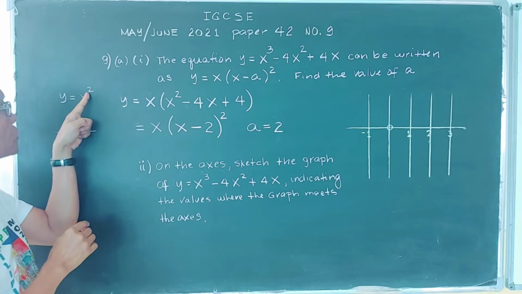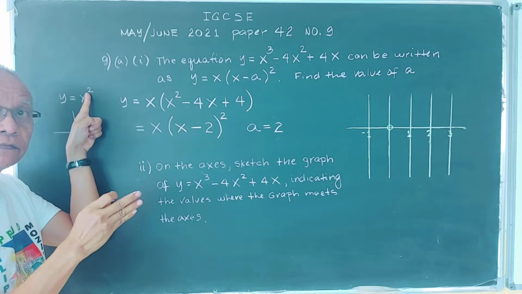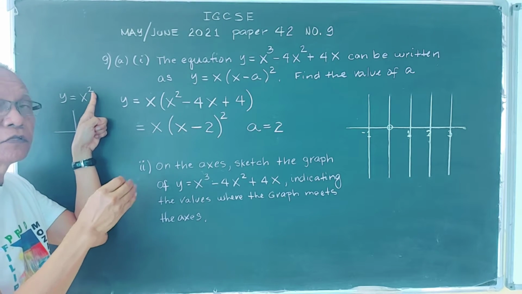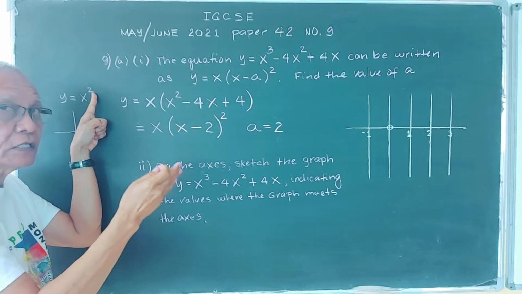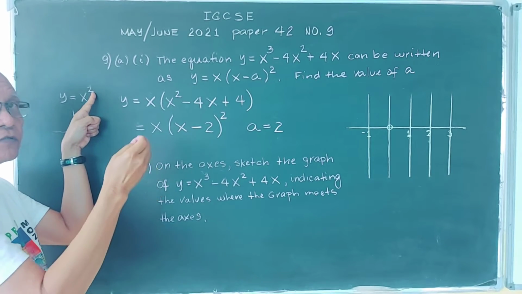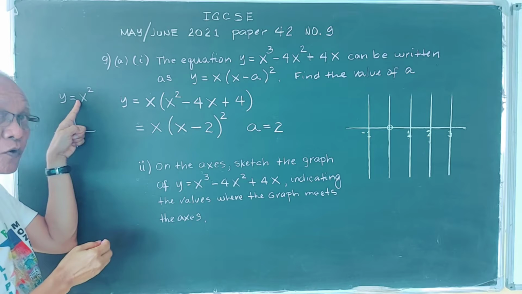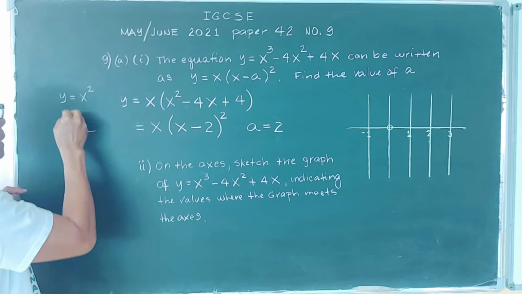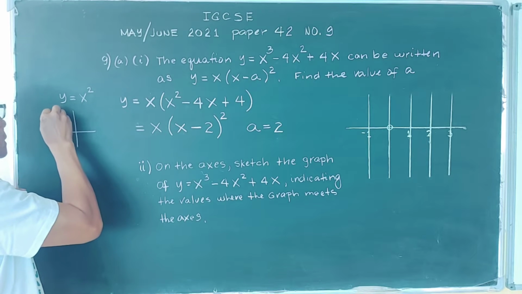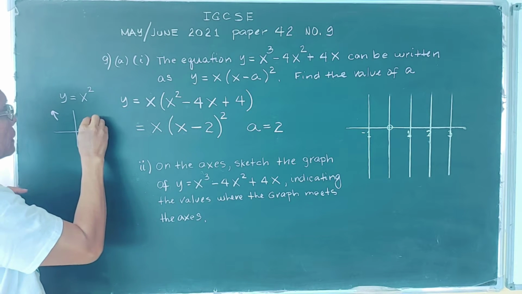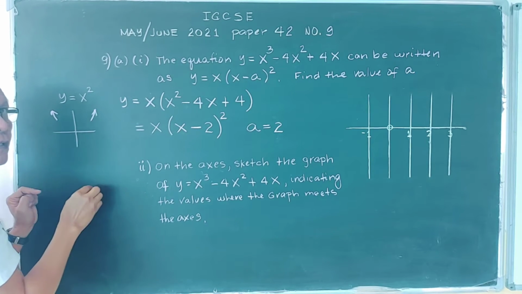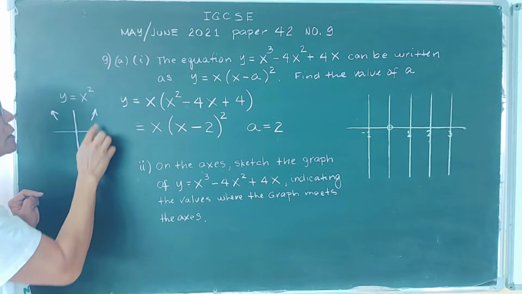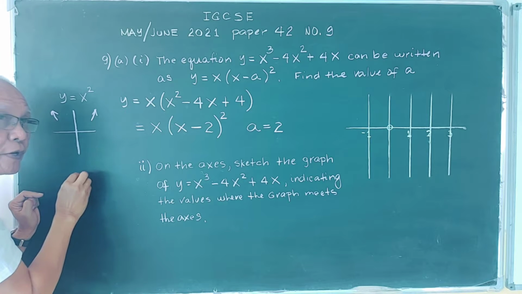So when we have x squared or an even exponent, we have x squared, x to the 4th, x to the 6th, x to the 8th, x to the 10th, and this one is positive. The end behavior of the curve is one is here and the other one is here, and they are symmetrical on the y-axis. That is for positive x squared.